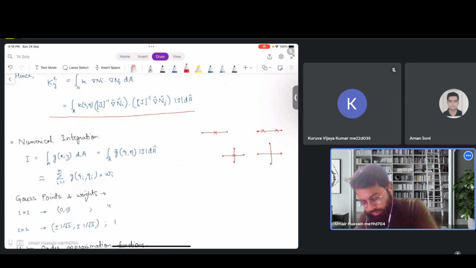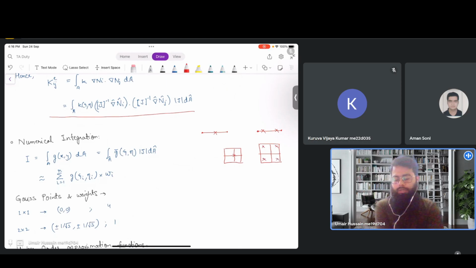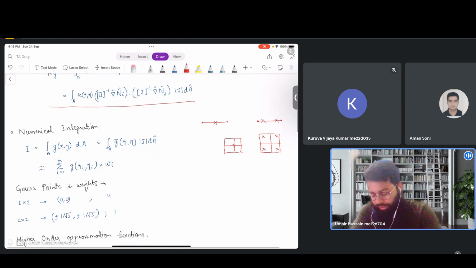Sorry, these are not actually nodes; these are not real nodes. If I make every element like this, we'll have four quadrature points here, and likewise, corresponding to three Gauss points in 1D, we'll have 9 for 2D.